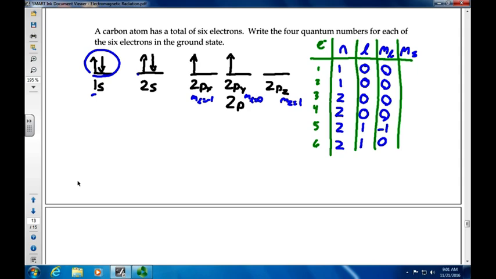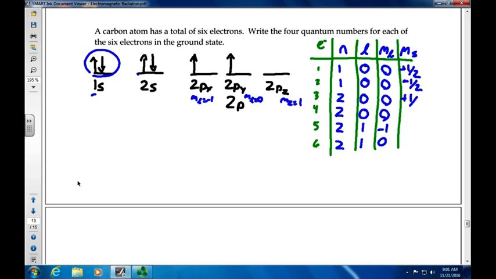We've got a plus 1/2 and a minus 1/2 because our one s orbital is completely filled, has the 2 electrons it wants. So one has to be going positive while the other's negative. That same is true with the 2s.